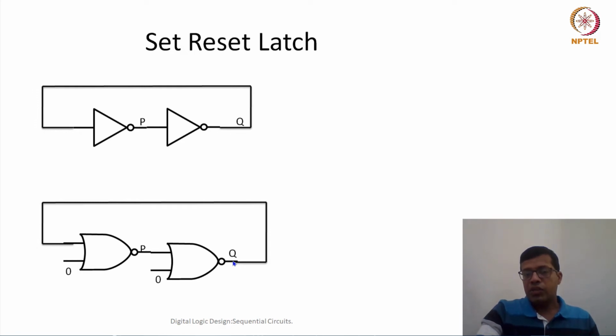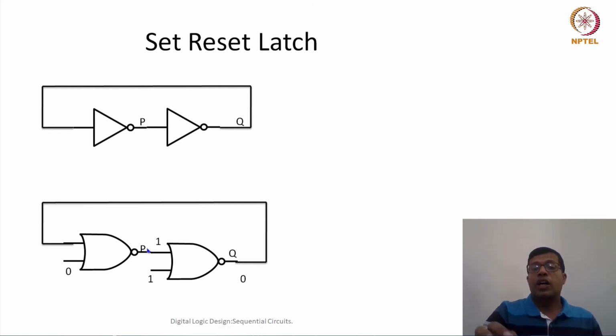And the other question before us was how can we set this q? Now we have the mechanism for setting q. Let's keep the other input as 0, but make one of the inputs, this input, 1. If I make this input 1, it will make sure that my q would be 0, and because q would be 0, p would be 1.